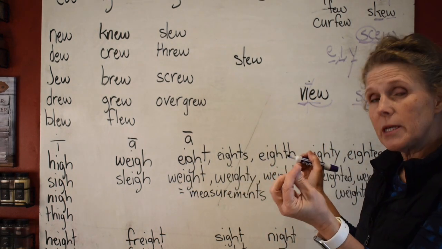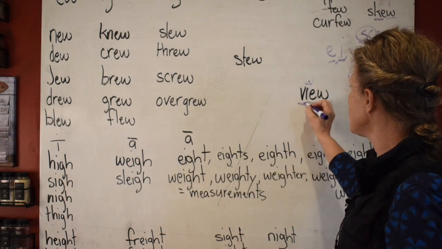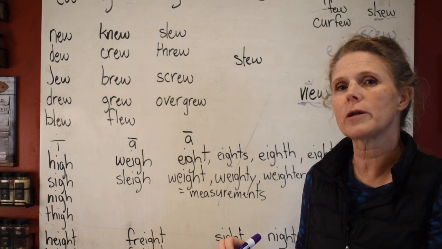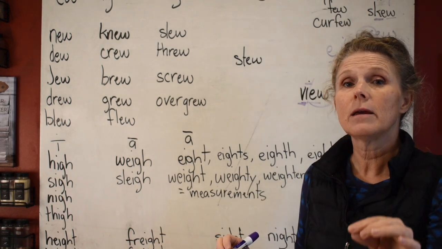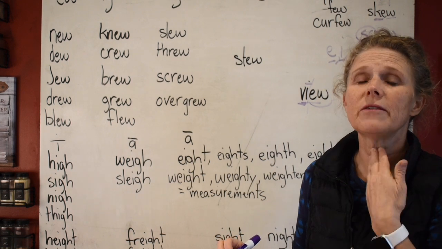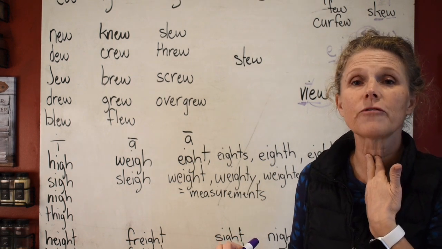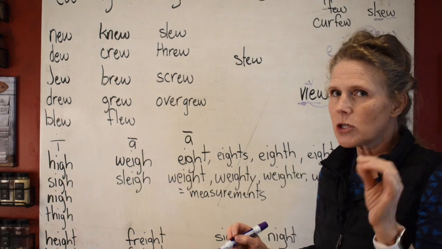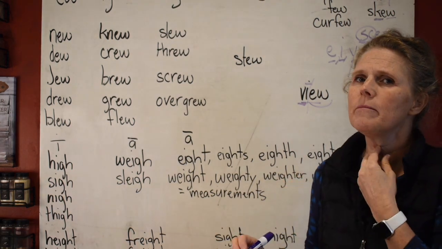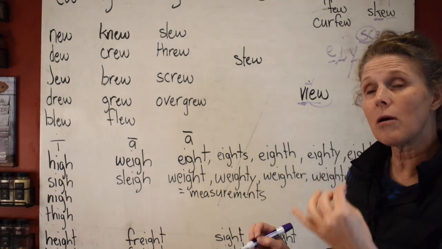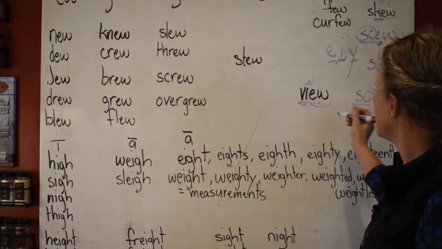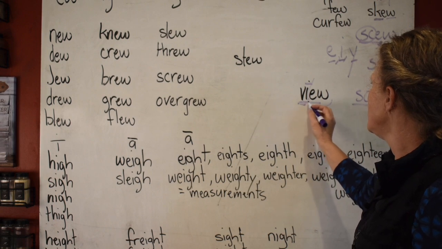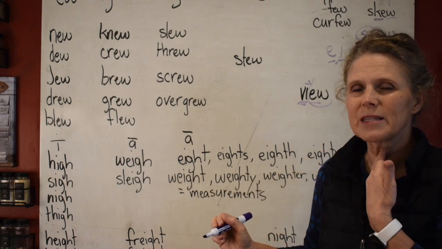So sometimes, all vowels, it doesn't matter if they're long or short, are going to say the hard sound. If you say I, your throat vibrates. It's a hard sound. It's not vibrating a ton, but they are hard sounds. And you can hear it saying E, U on this. View, and it almost feels like it could be soft.